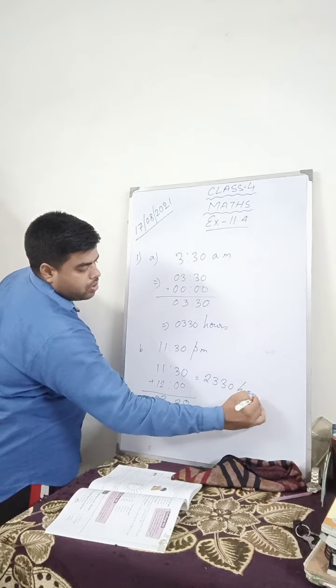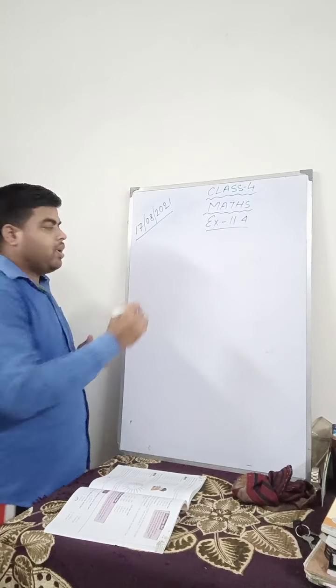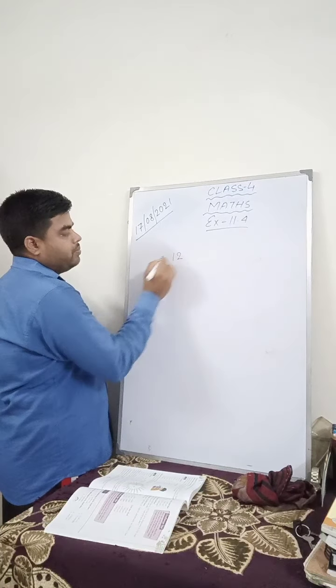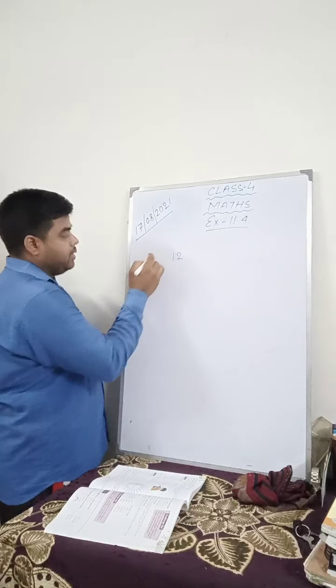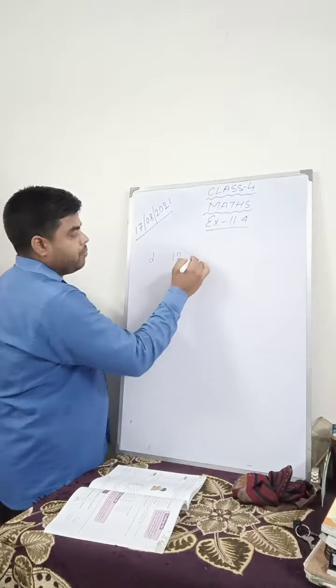This is from 12 hours to 24 hours. There are a few exceptions. What are the exceptions? I will show you. Suppose in the hour place they give you 12, for example number D, 12:15 AM.